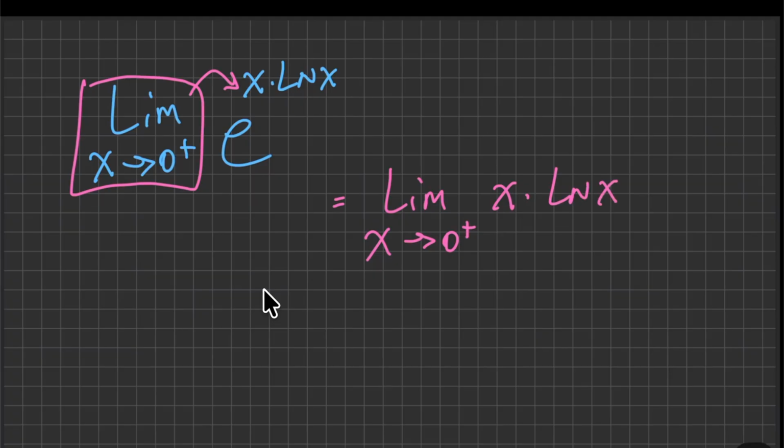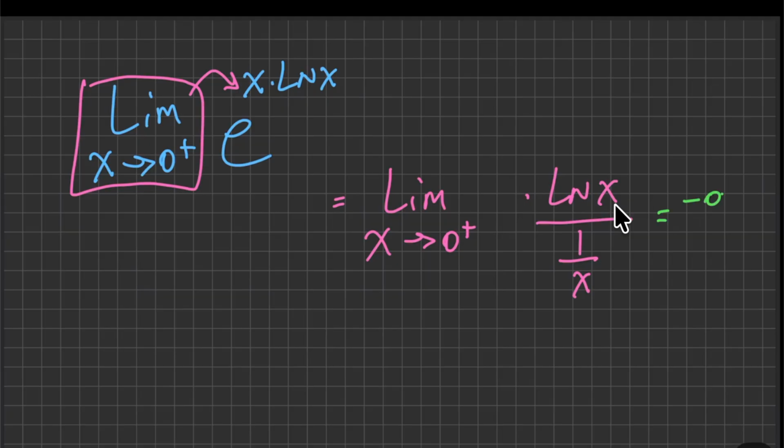Okay, here we would get 0 times negative infinity, which is indeterminate. When it's indeterminate, it means we need to do more work. So what we're going to do is we're going to create a fraction in hopes that L'Hopital's rule is usable. So we're going to take that x, we're going to bring it down below and change it to 1 over x. Now we're going to place 0 in here.